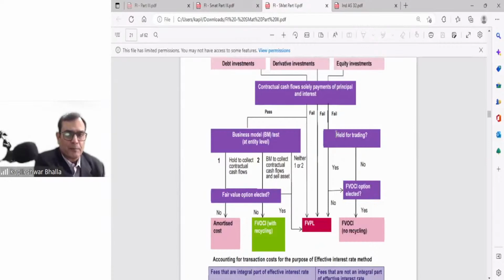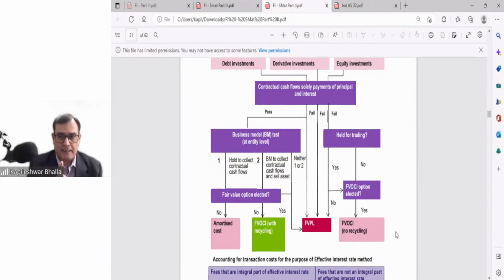Then you go to step number 3, and you put across the risk intensity test: held for trading. The moment you say, yes, it is held for trading, then you come to FVTPL, that's fair value through P&L. And if you say, no, it is not held for trading, then you need to see whether you have selected the FVTOCI option or not.